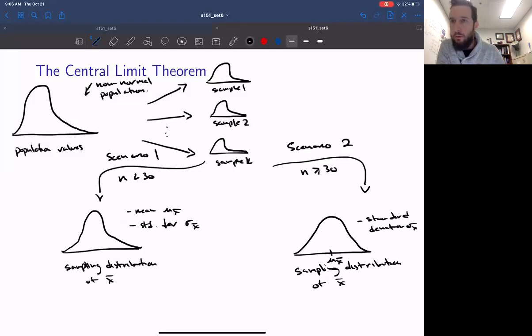That's what the central limit theorem tells us. If you collect samples that are less than 30, then the sampling distribution will be non-normal, and it'll still be similarly shaped to what we started with, so in this case, kind of right skewed. Any questions?